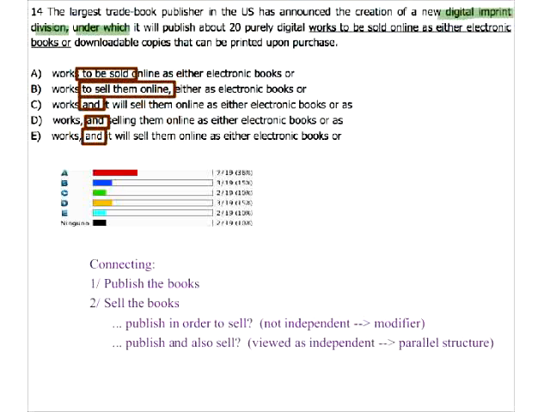What that means is it's the part of a company, it's the division of a company that makes digital materials. So for that reason, it doesn't make sense to have selling the books as a separate parallel act, because a digital imprint division wouldn't do that. Like that's not what that kind of division of a company would do. So instead, a quote, digital imprint division, unquote, would only do one of these things.